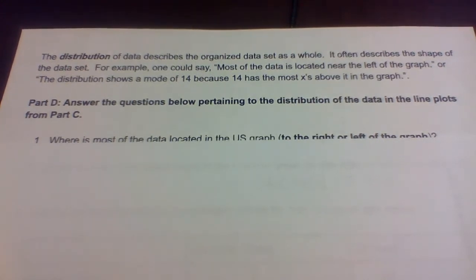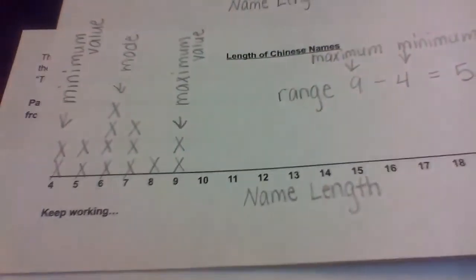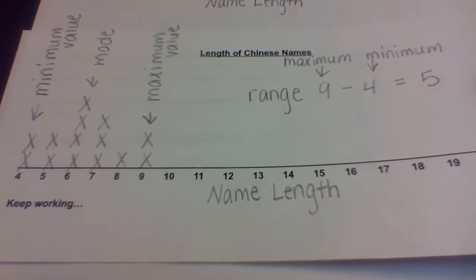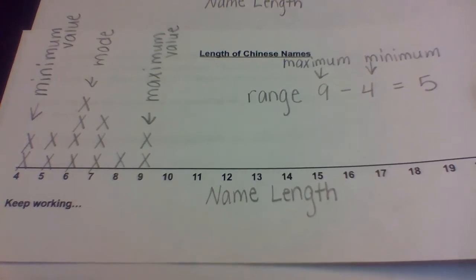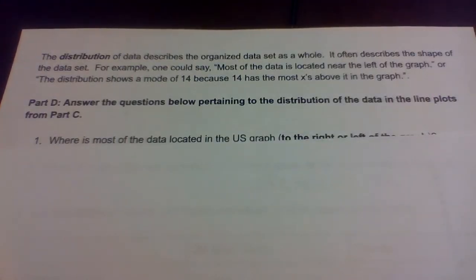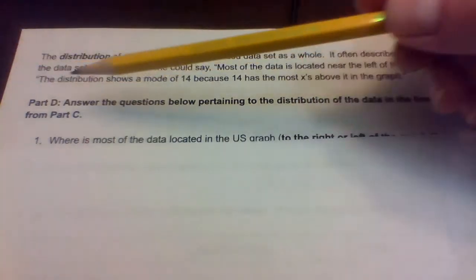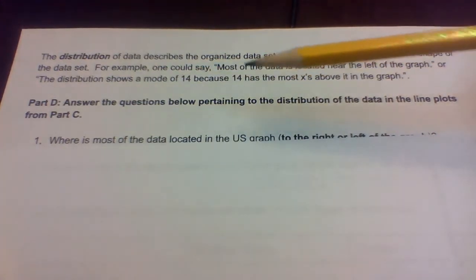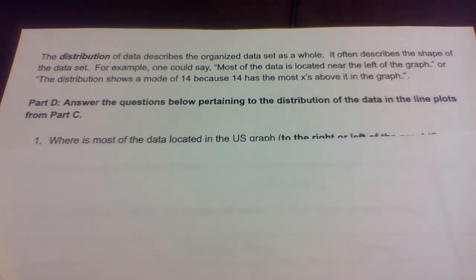Like looking back at the Chinese data, it looks like most of their data is on the left side of the graph. You might also say that most of the numbers are on the 11. Maybe the 11 has the highest amount of X's, or the 14. So maybe you would say that the distribution shows a mode of 14 because 14 has the most X's above it.